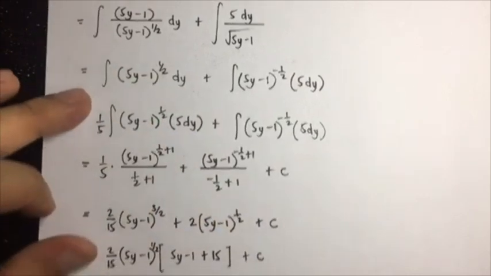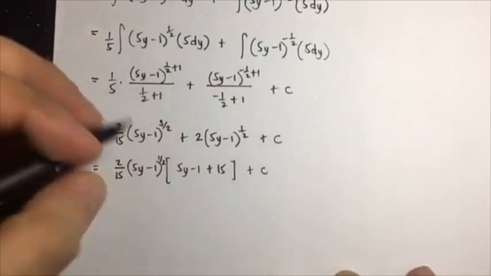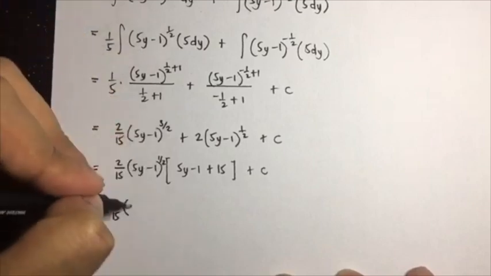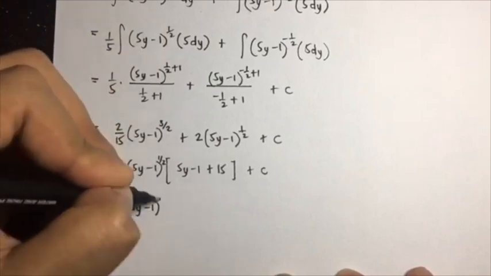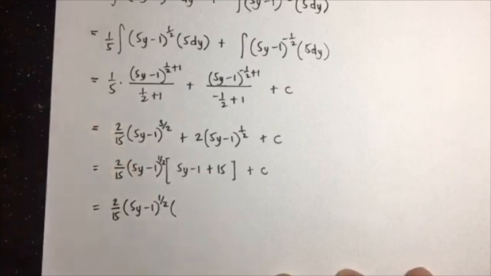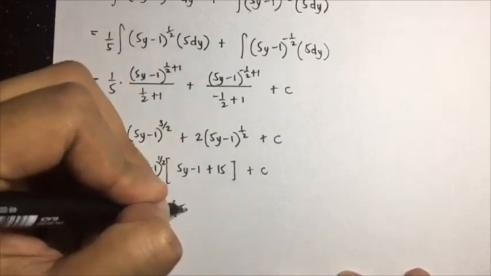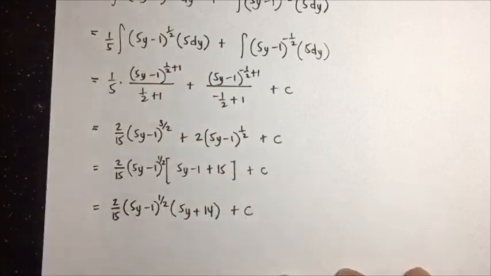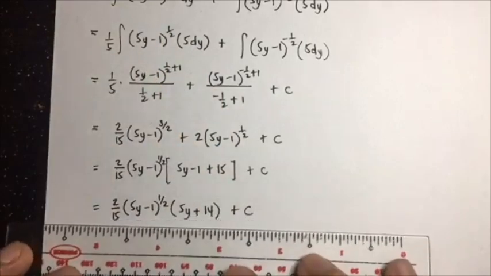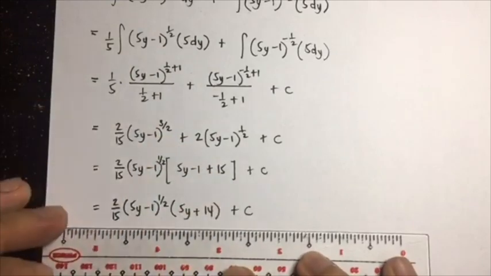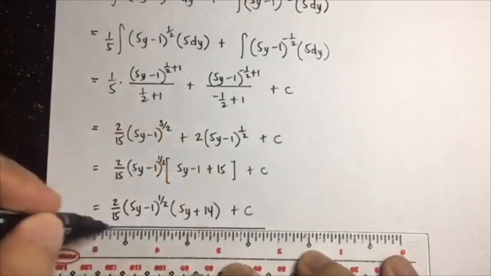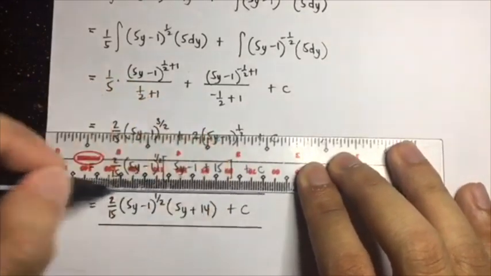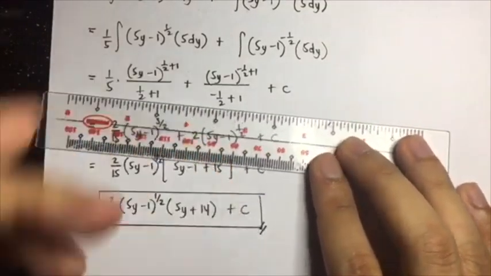So we will have 2 over 15 times (5y minus 1) raised to 1/2 times (5y plus 14) plus c. Okay, so that is the solution if we don't use the algebraic substitution.